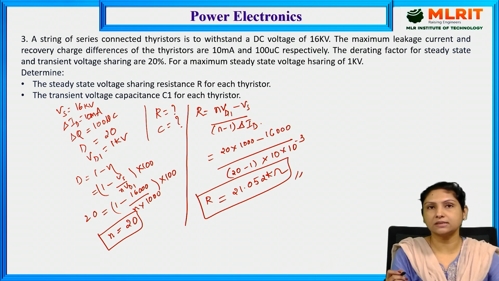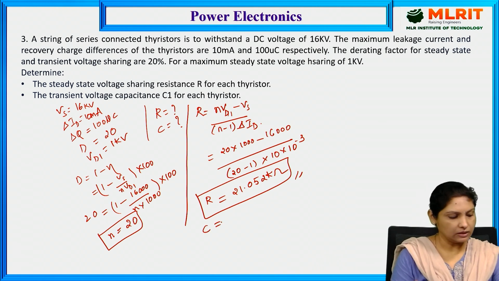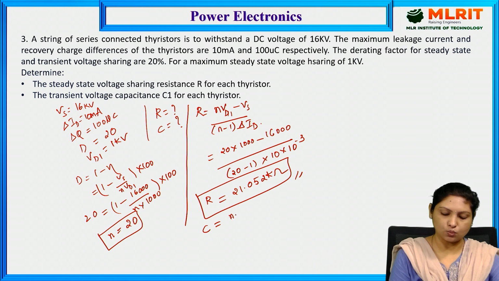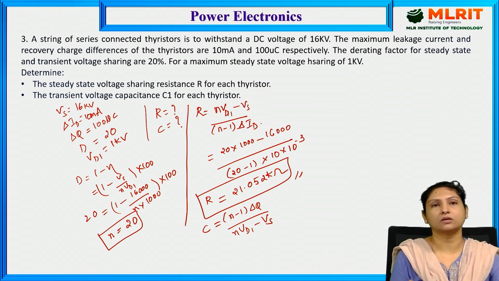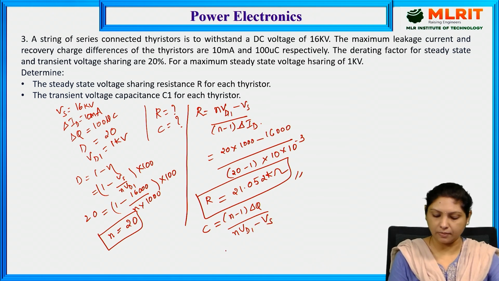Once we get resistance, we yet need to find out the value of the capacitance. Capacitance is given by the formula N minus 1 into delta Q divided by N into VD1 minus Vs. This is the formula in order to find out the value of the capacitance.